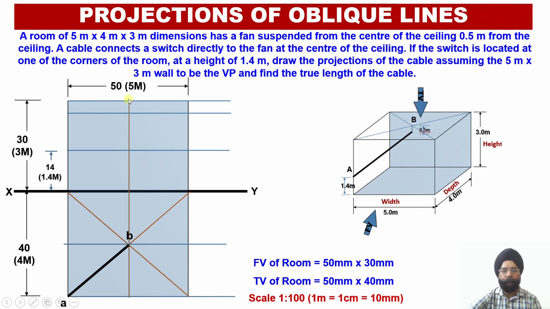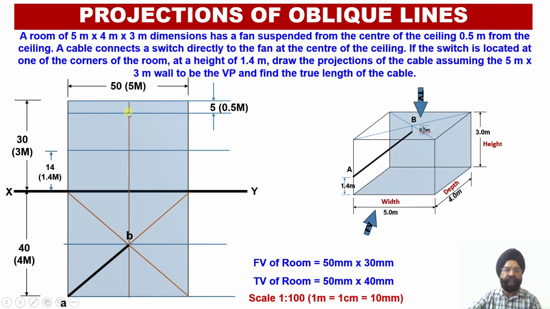So from the top of the ceiling, I mark a distance of 0.5 meter, which means I mark a distance of 5 millimeter from the top. The moment I mark this distance of 5 millimeter from the top of the ceiling, this gives me the location of point B dash, providing me with the front view location of the ceiling fan over here.